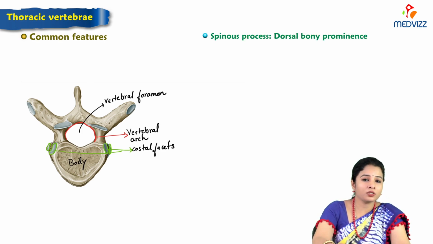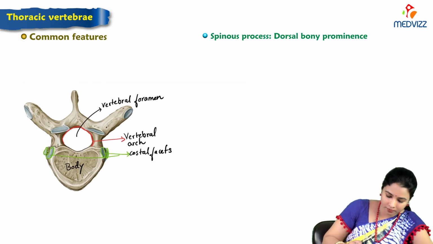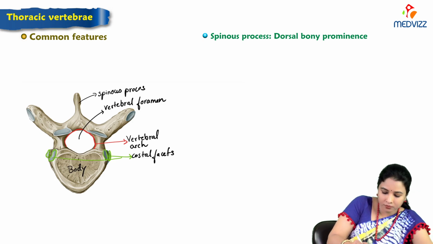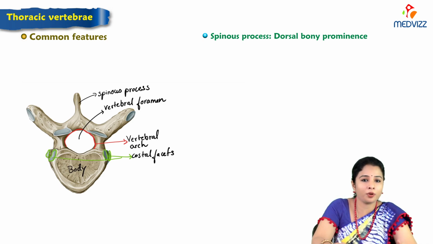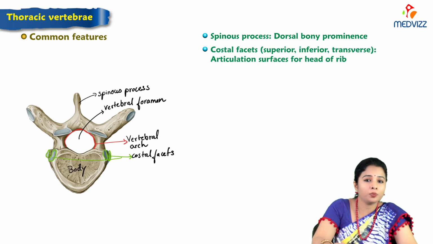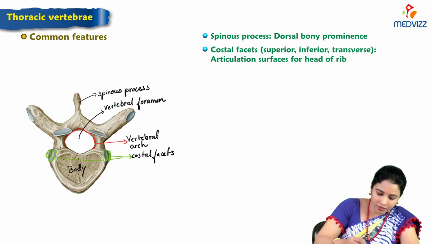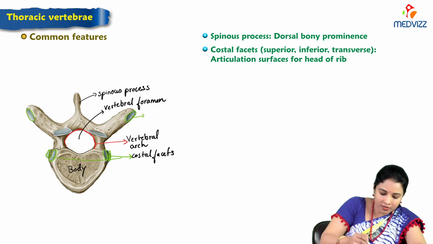The spinous process, that is the dorsal bony prominence. So this is the spinous process, which is a dorsal bony prominence. Costal facets: superior, inferior and transverse facets. So here over the body we saw the superior and inferior, and this is the transverse costal facet.